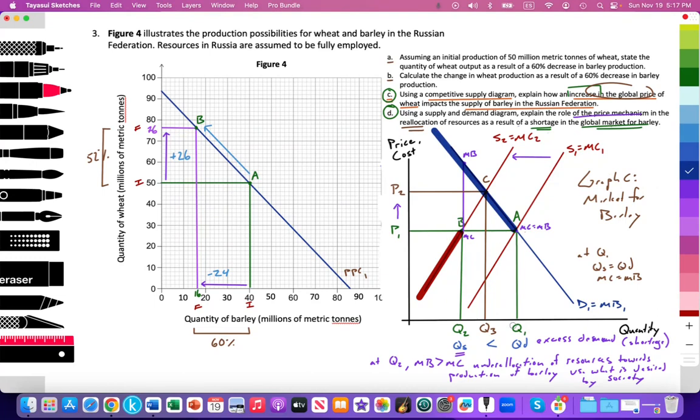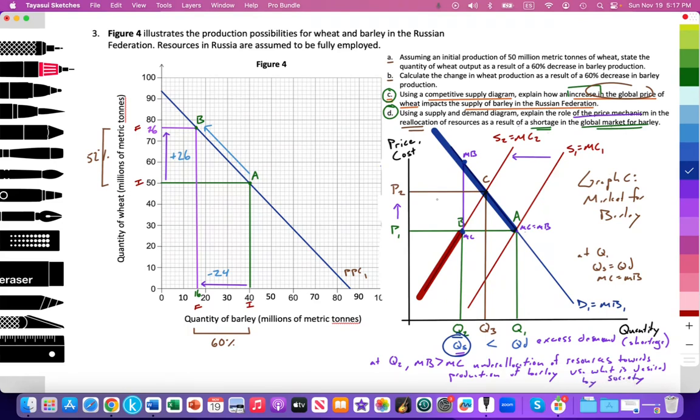At a price of P1, the quantity demanded at Q1 is greater than the quantity supplied at Q2, which is excess demand. There's a shortage. We can also notice that at Q2, the marginal benefit is greater than the marginal cost. So there's an under allocation of resources towards barley production versus what is desired by society.